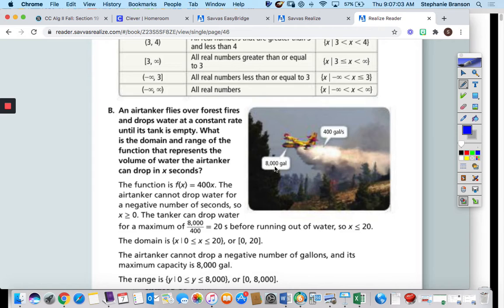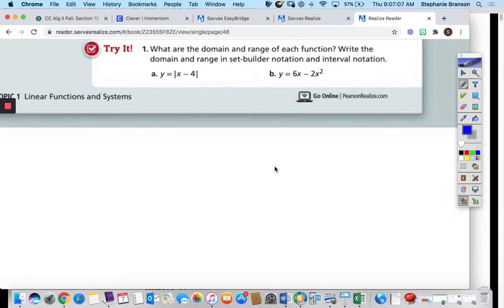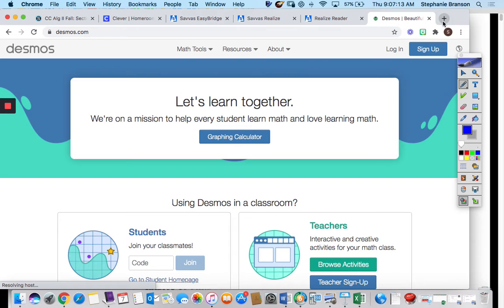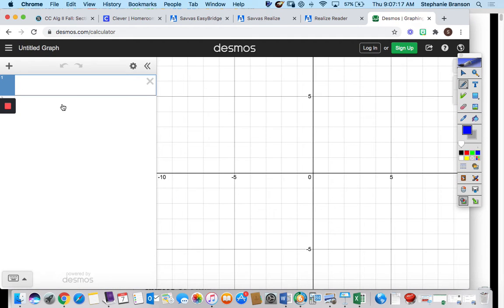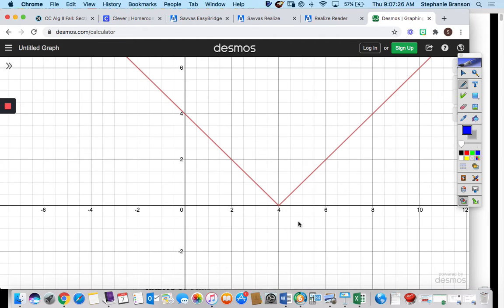So let's take a look at these right here. What are the domain and range of each of these functions? So I'm going to pull those up on my little online graphing calculator here so that we can see it a little better. We've got y is equal to the absolute value of x minus 4. First of all, I'm just going to pay attention to my x values.